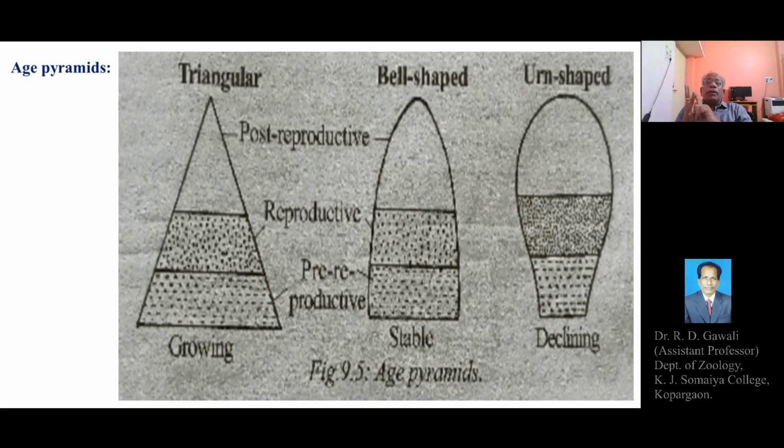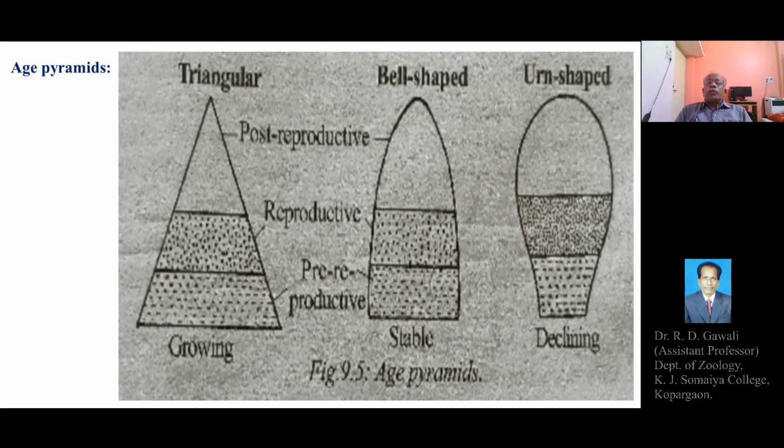When the individuals of the pre-reproductive age group are large in number, it indicates that the population is growing. So in the first case, the age pyramid is triangular, and at the bottom there are a large number of individuals of the pre-reproductive age group, or the young individuals.